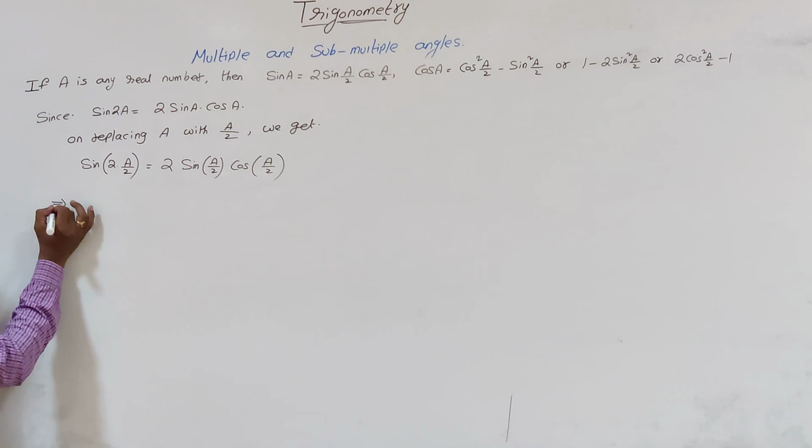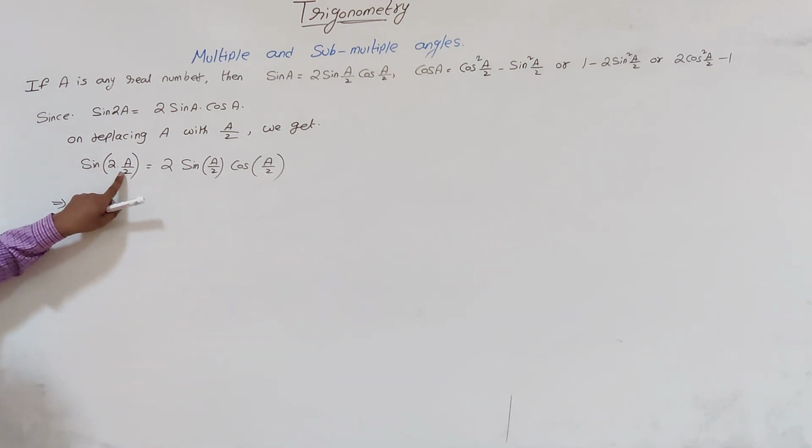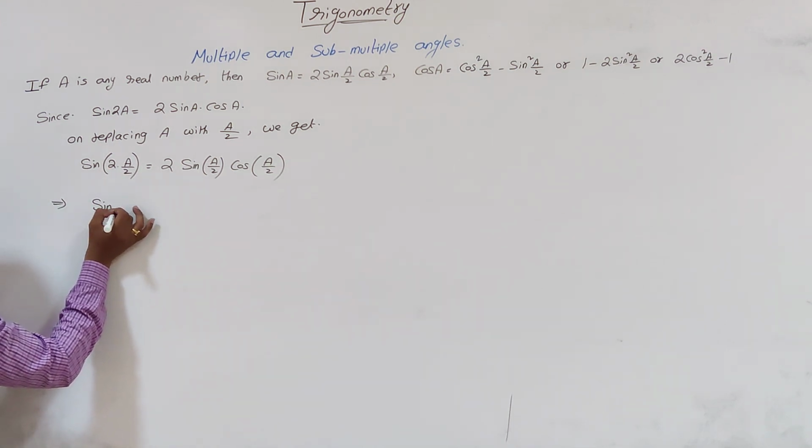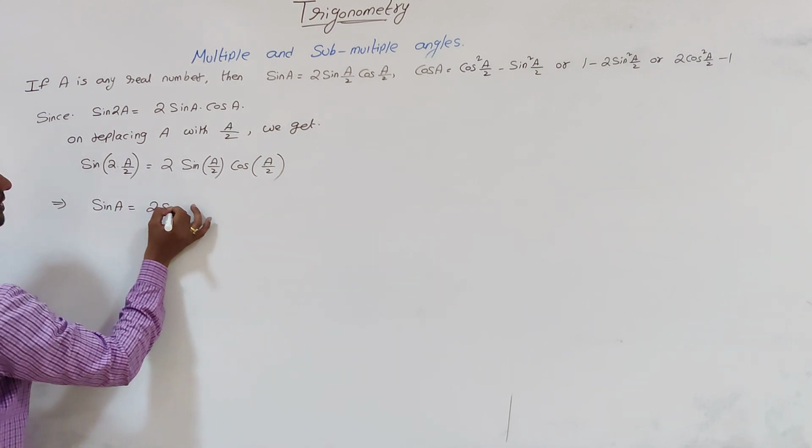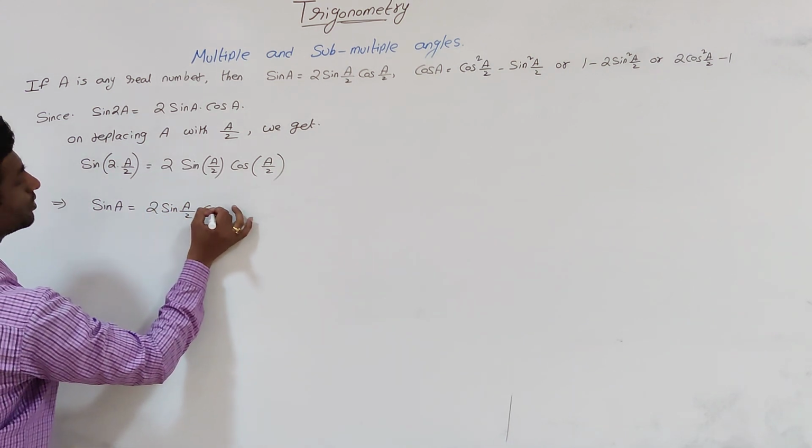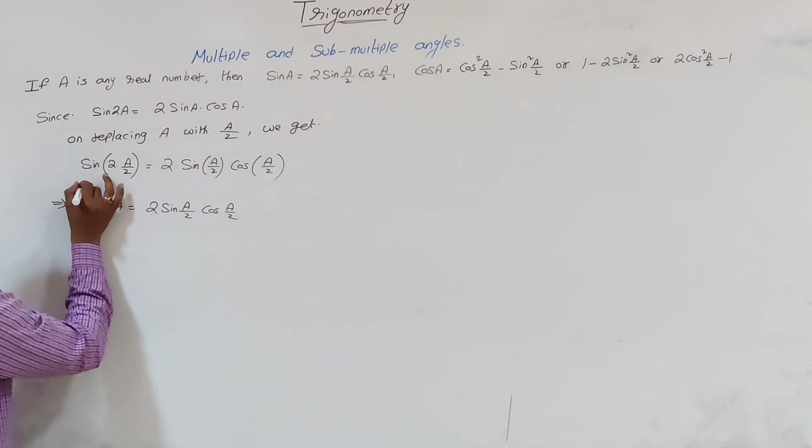That 2 gets cancelled as it is internal. So it will be sin A is equal to 2 sin A by 2 into cos of A by 2.